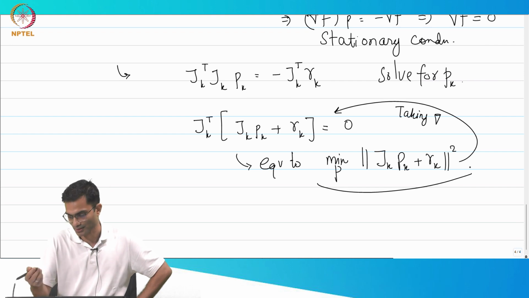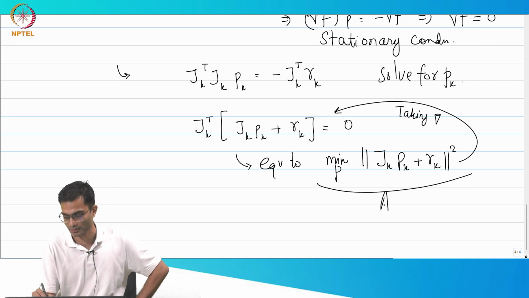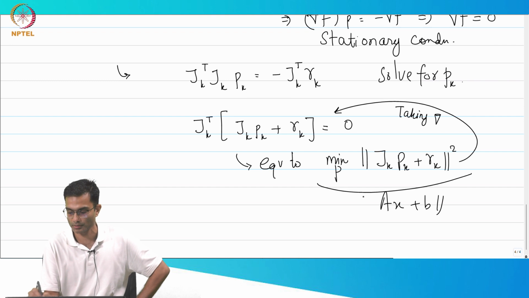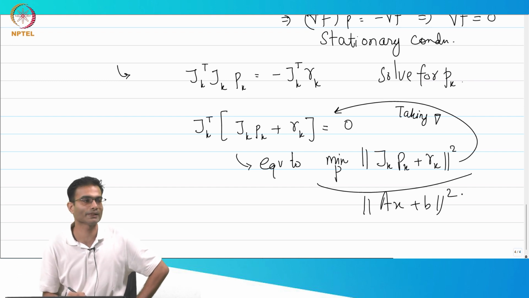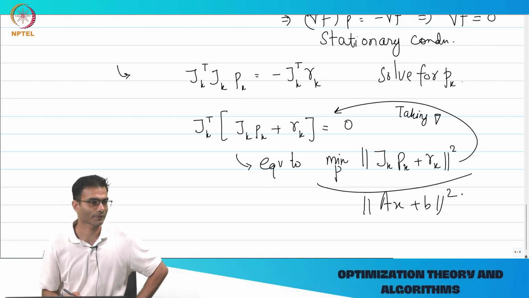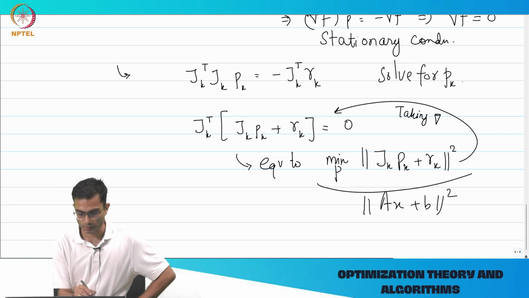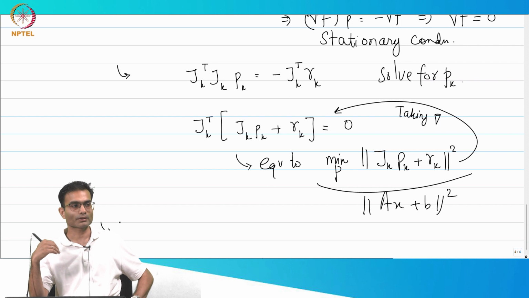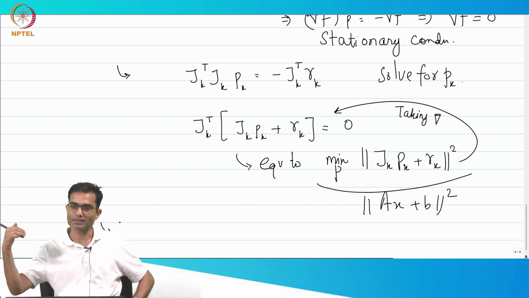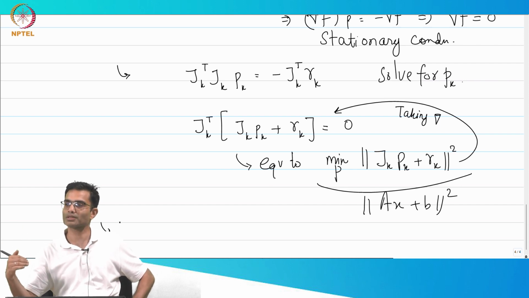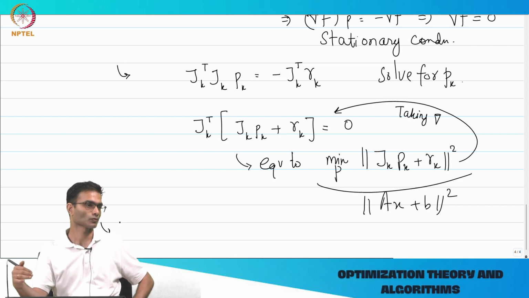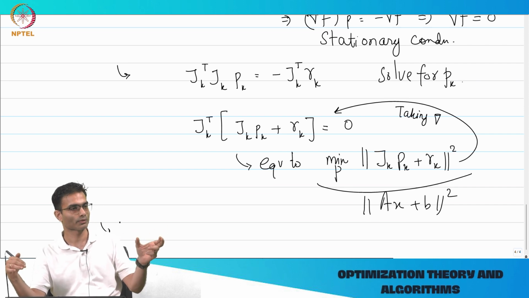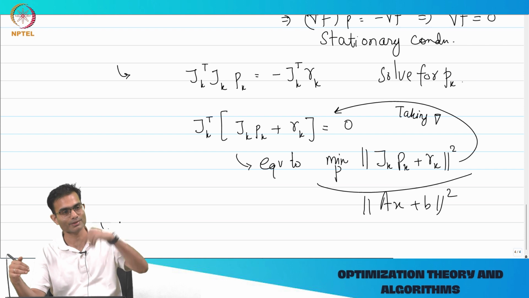This is essentially Ax plus b whole squared, which was what my linear least squares problem was anyway. So what is the conclusion here? In your non-linear least squares problem, at each iteration you are solving one step of a linear least squares problem. So if you had written that piece of code as a function, you could just call it at each step.